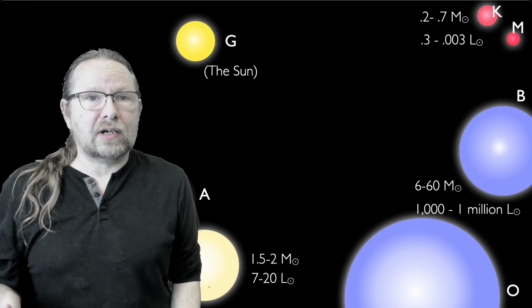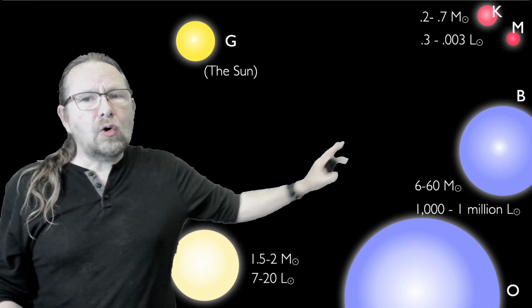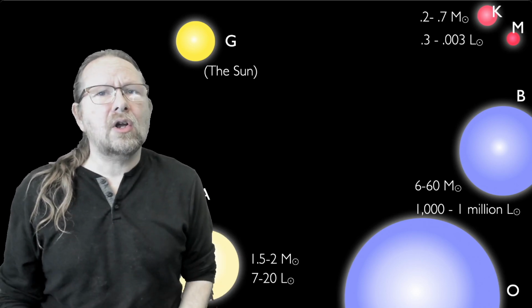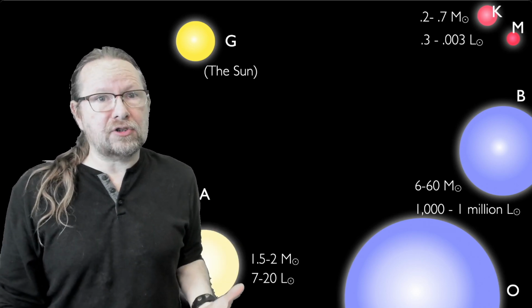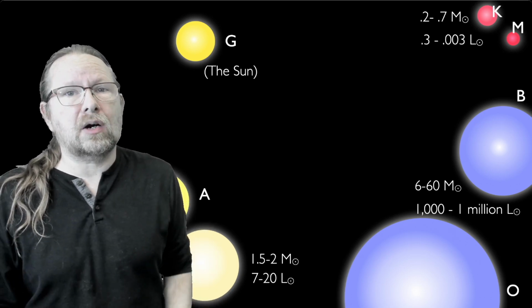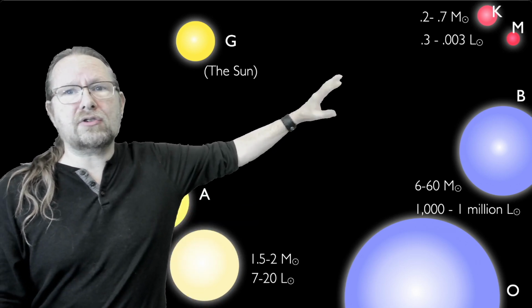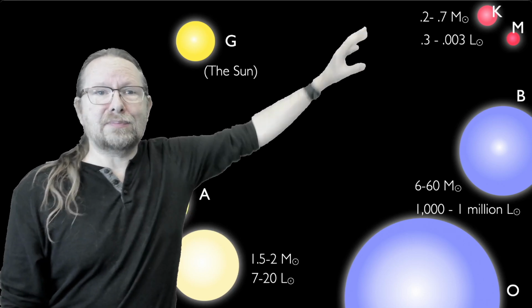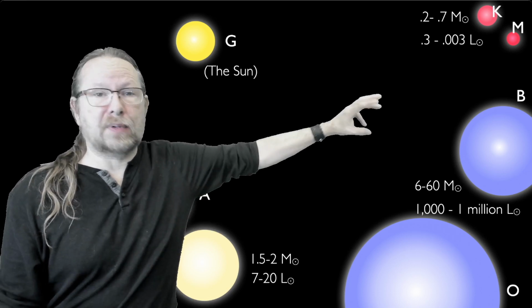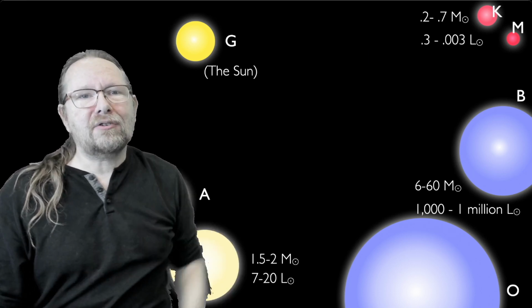When we did the HR diagram lab, we saw that O and B stars are comparatively rare compared to G, K, and M stars. When we say the sun is an average star, which astronomers say all the time, what do they mean? Well, they mean there are stars that are a tenth as massive and 10 times as massive. There are stars that are a tenth as bright and 10 times as bright, or a hundredth as bright and hundreds of times brighter.